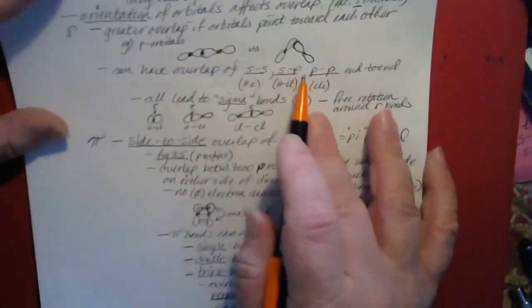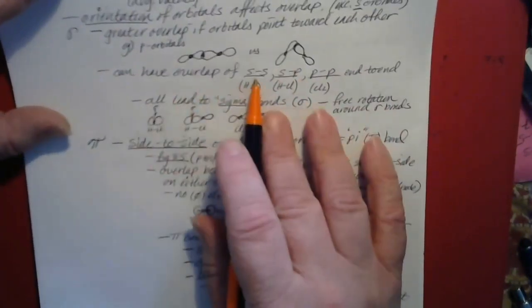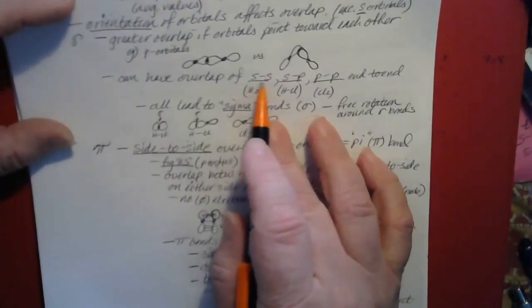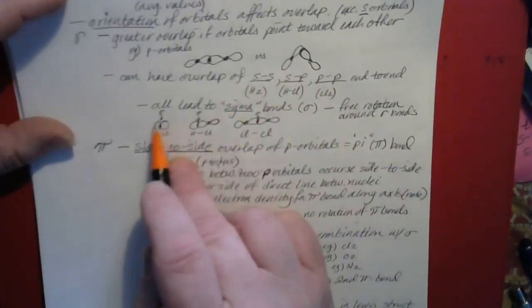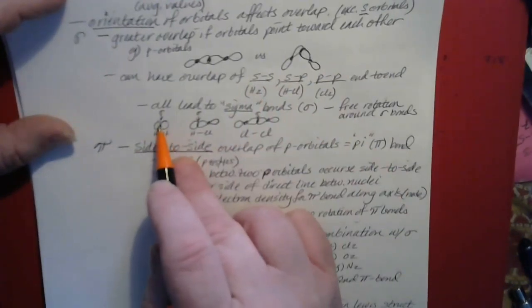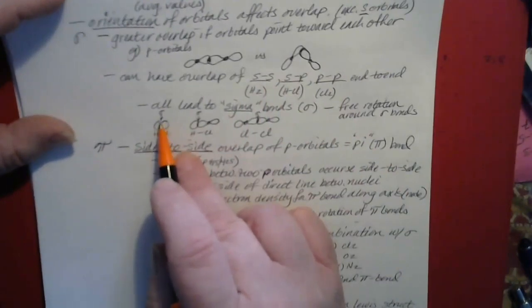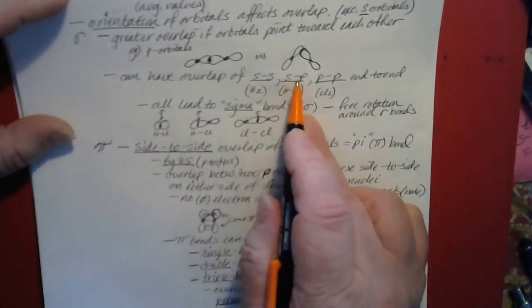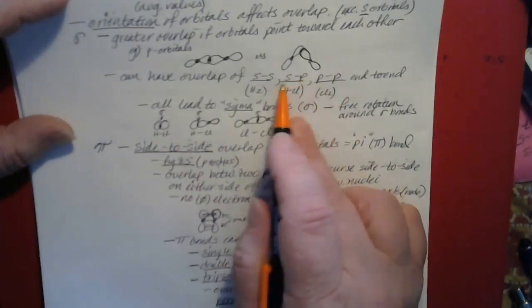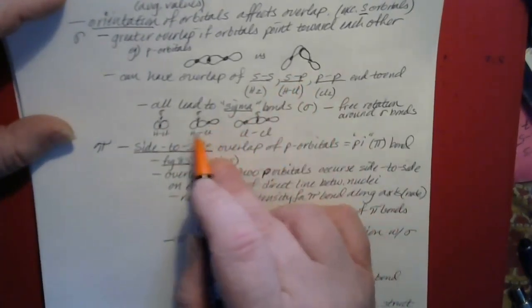Okay, so for overlap of the orbitals that are pointed right at each other, you can have an overlap between s orbitals, and that's what you find in hydrogen, sort of like what I've drawn here. That area of overlap would be considered the bond, and there are two electrons in that area. You can have overlap between an s and a p type orbital, which is what you find in HCl.